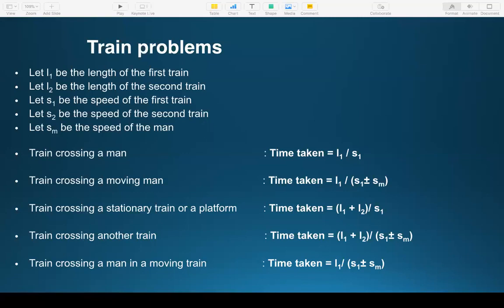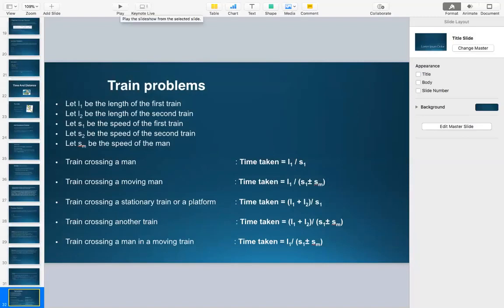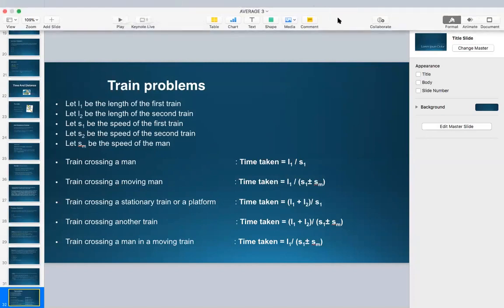Now, my very first question for you guys would be the time taken by the train to cross the platform on which you were standing and the time taken by the train to cross you. Will the two times be equal?